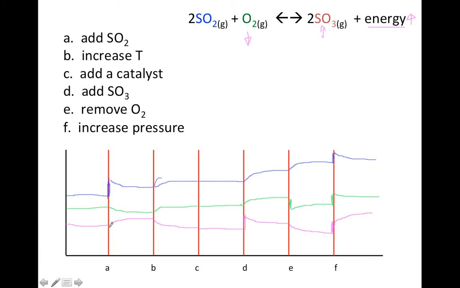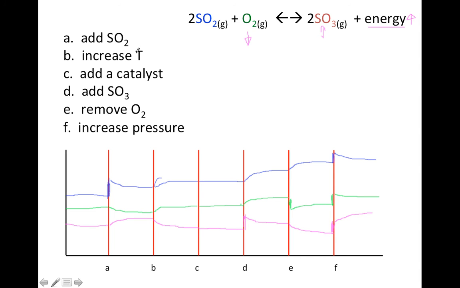So what am I trying to show? When we have a concentration change, and we had 3 of them, we had 1 in A, 1 in D, and 1 in E, we either get one thing going up, like here and here, here and here, or one thing dropping, and the rest stay the same, and then they move to equilibrium.